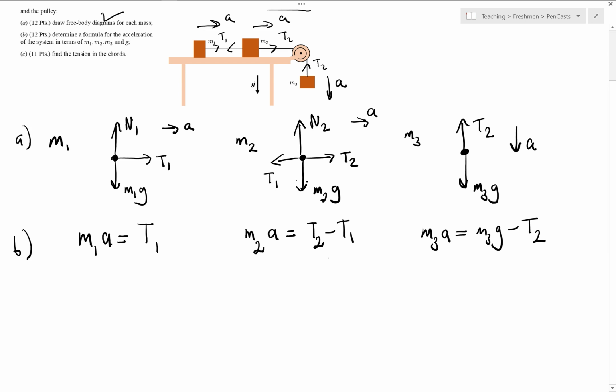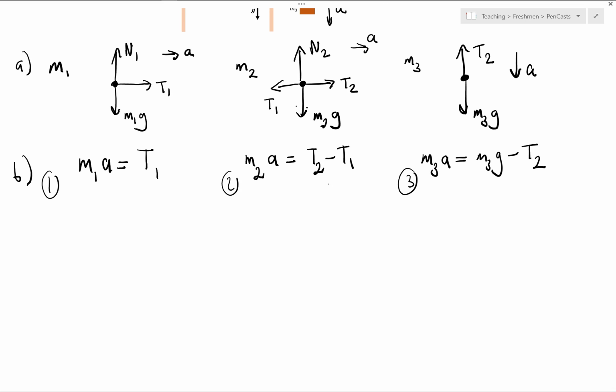So I've written three equations. And how many unknowns do I have? I don't know A, I don't know T1, I don't know T2. So there are three equations, three unknowns. This is enough. We should be able to solve the system of equations.